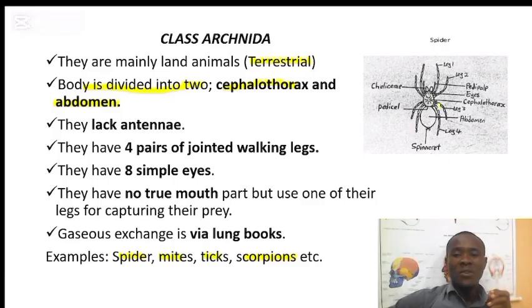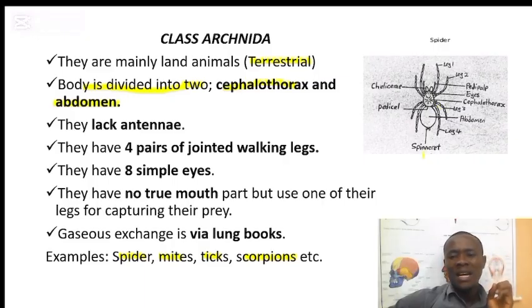The first thing you do is count the number of legs the organism has. If it has 5 or more pairs of legs, that means it is a crustacean. If it has 4 pairs of legs, that means it is under the class Arachnida. And the common one we have can be the spider.